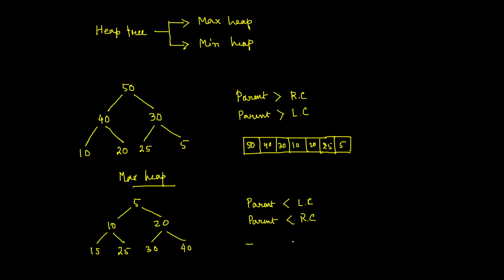And for the min heap, if we put them in an array, it will be something like 5, then 10, then 20, then 15, then 25, then 30, and then 40.